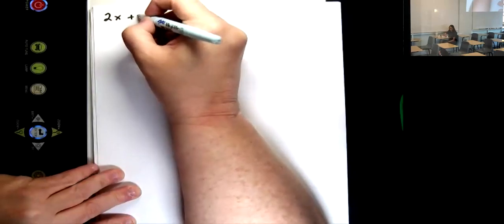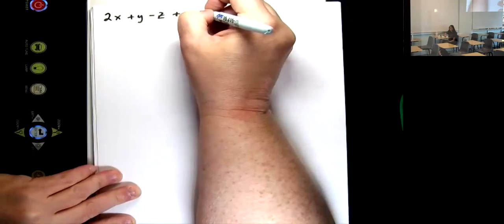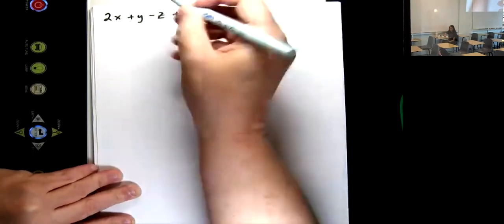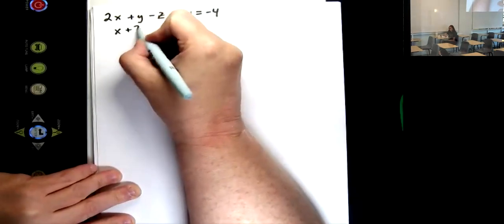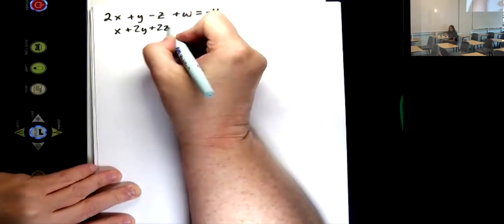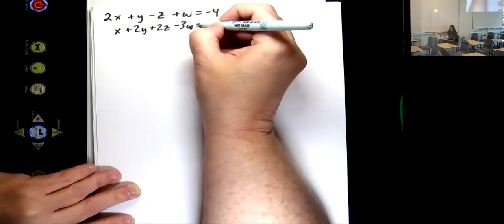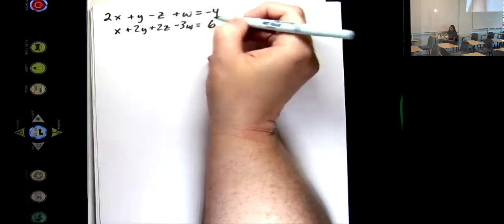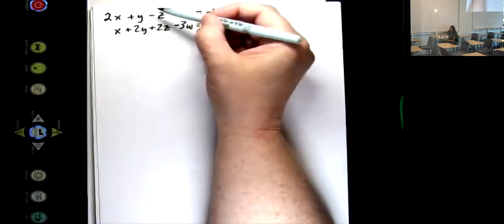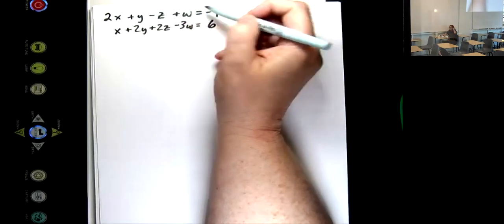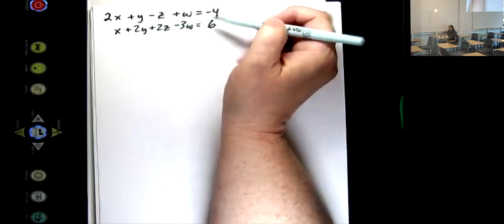(2x plus y minus z plus w). What? 4. Oh, that's a mess right there. Sure that I'm picking the right ones. 2y, 1, -1, 1, -4, 1, 2, 2, -3, and 6.